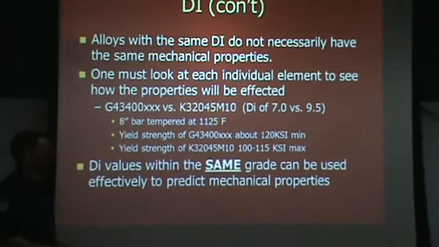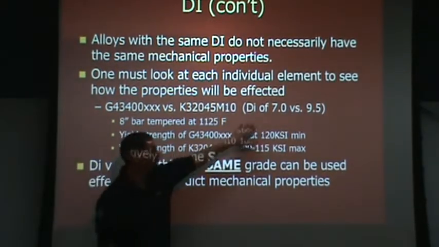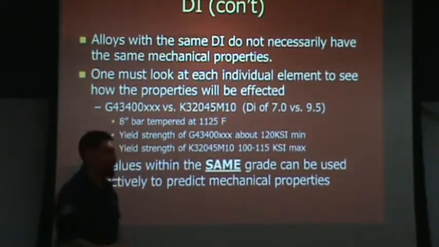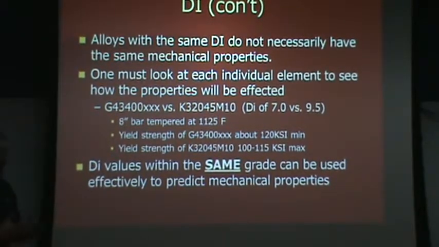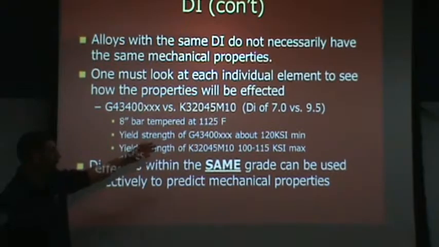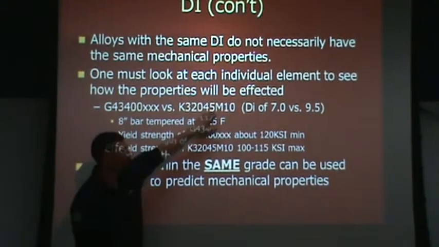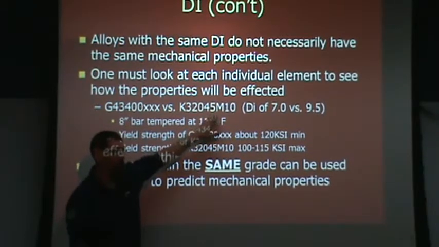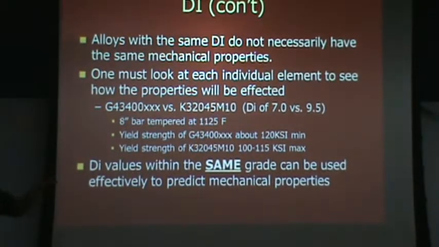The reason I'm pointing that out is because if you were only looking at the ideal diameter and comparing just that quantity of the two grades, you might say, well, I should be getting a higher yield strength out of this material. But in actual reality, we tend not to see that. So you have to look at things a little bit independently.